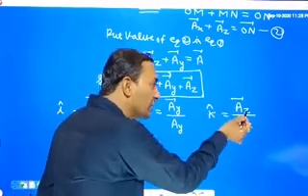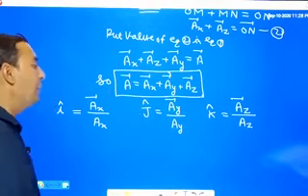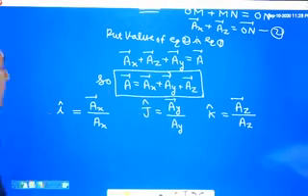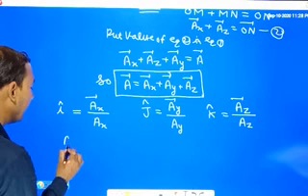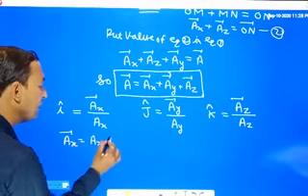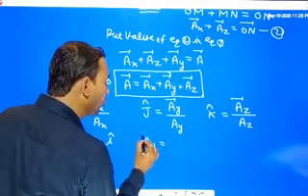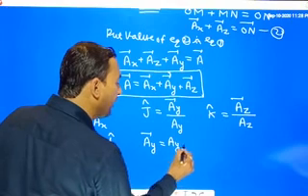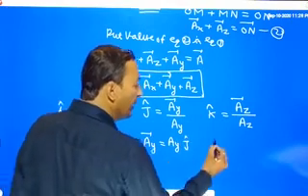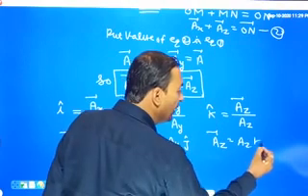The unit vector in the z direction is k cap, in the y direction is j cap, and in the x direction is i cap. So we can write Ax vector equals Ax i cap, Ay vector equals Ay j cap, Az vector equals Az k cap.